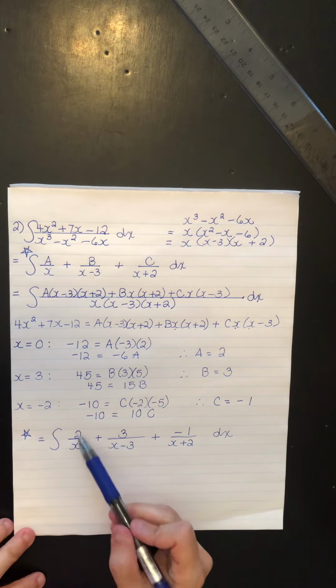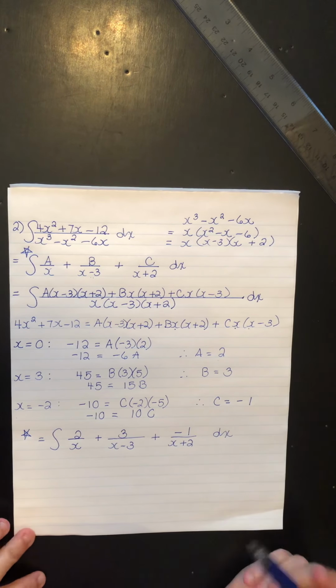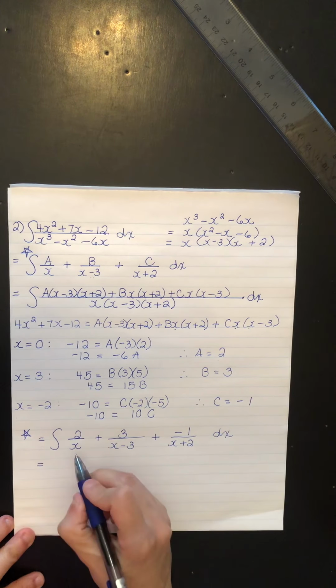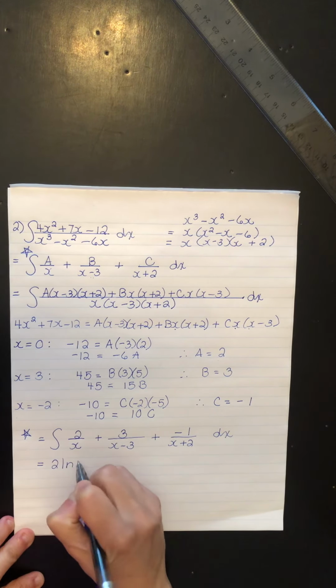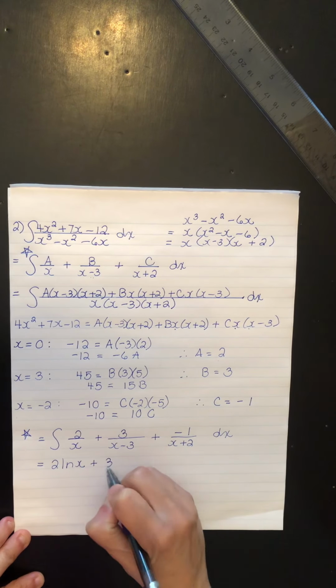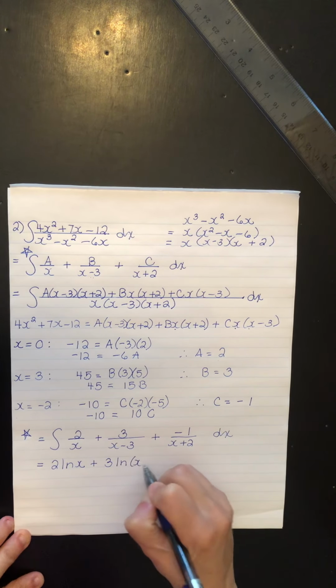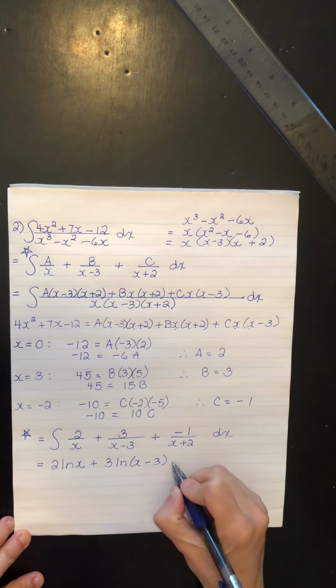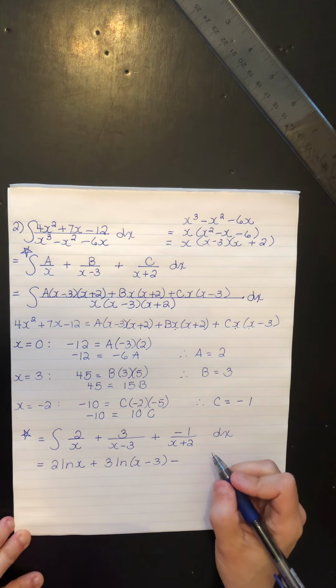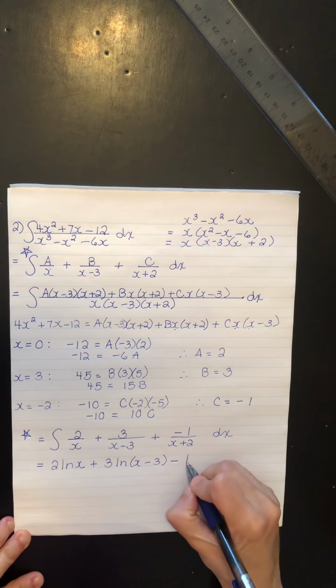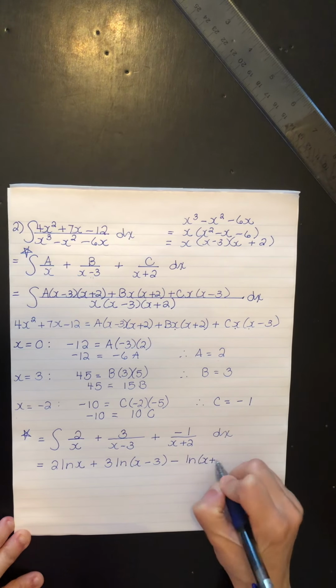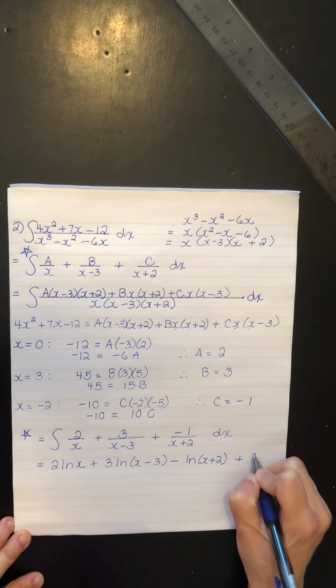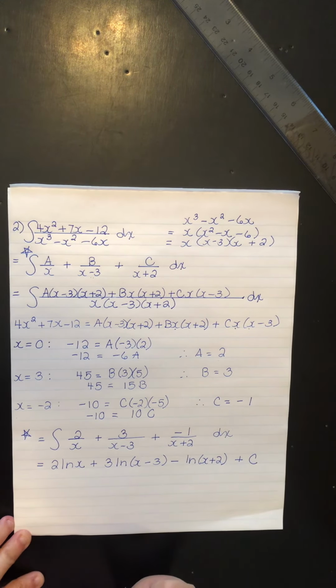Once integrated, these will all be natural logarithms. Specifically, 2 ln x plus 3 ln x minus 3 minus 1 times the ln of x plus 2. Constant of integration here.